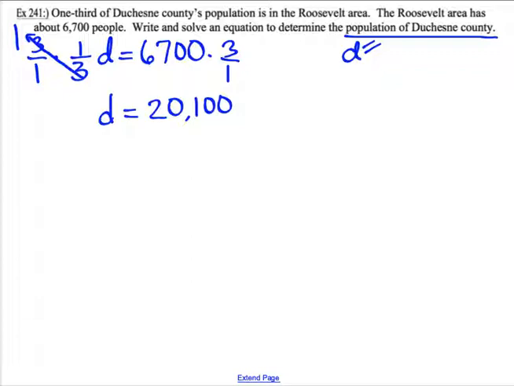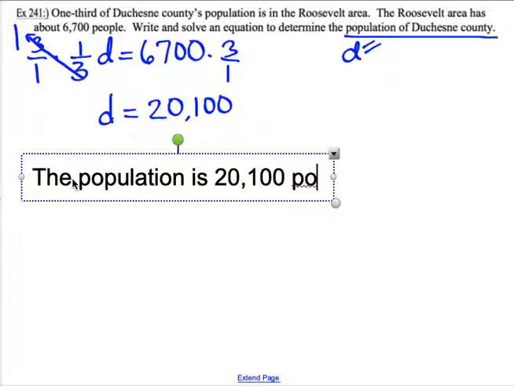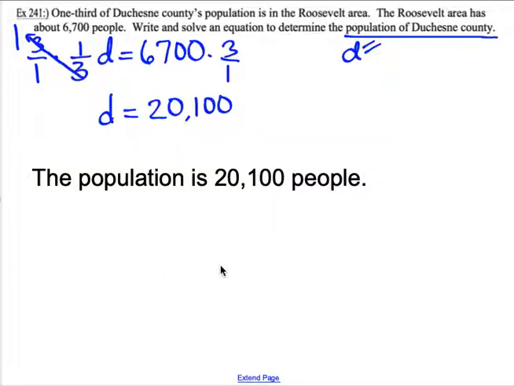Because it is 20,100, I would say the population, let me drag that up here. The population of Duchesne, let's just say the population is 20,100 people. The population is 20,100 people.